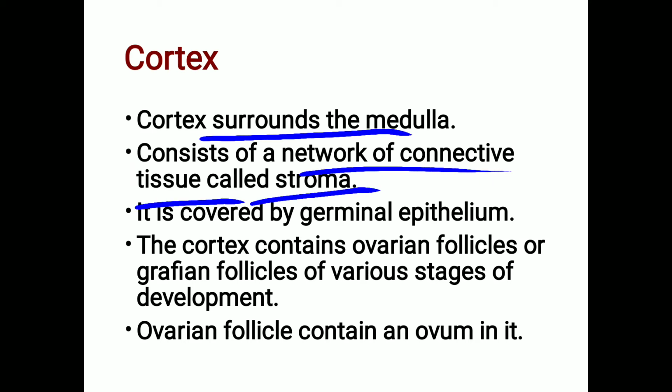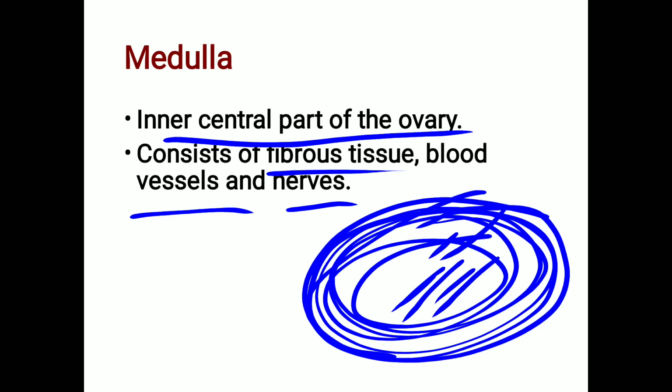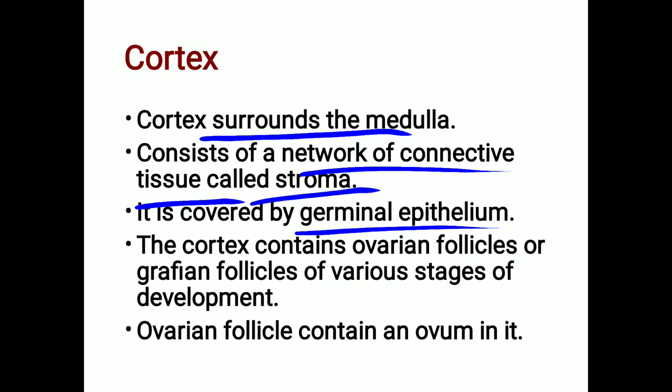That network of connective tissue in the cortex is called stroma, and it is covered by a layer of epithelium called the germinal epithelium.